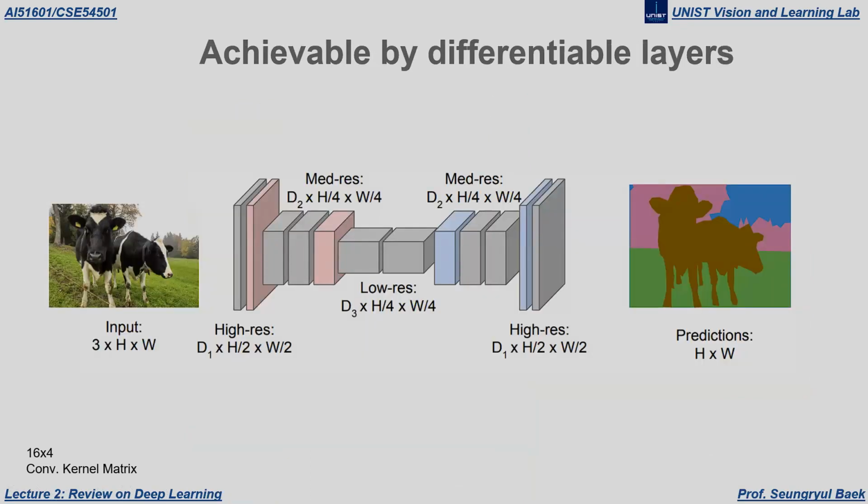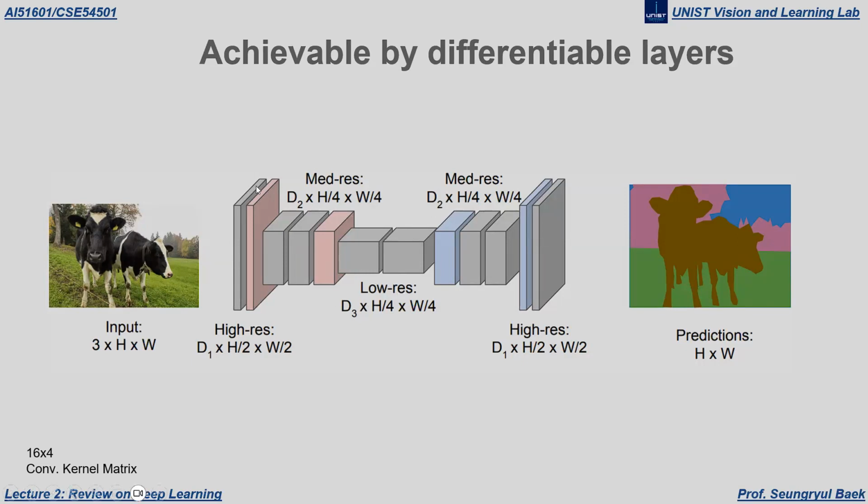So in the previous application, in image classification, we don't have to enlarge the output signals compared to the input signals. But in this segmentation task, we somehow have to enlarge the once-reduced 1D feature vector to the input image dimension.